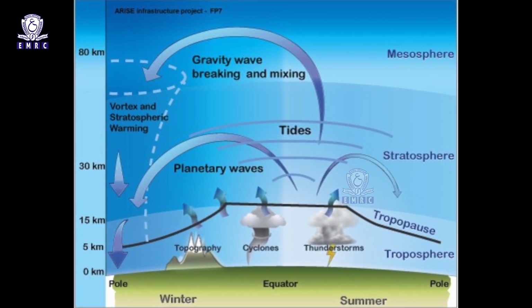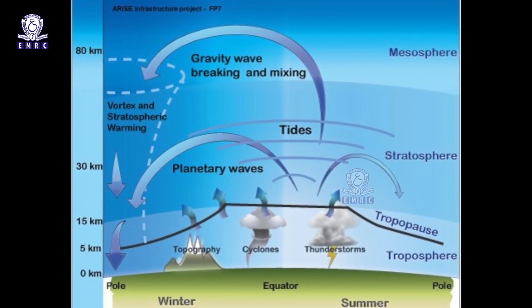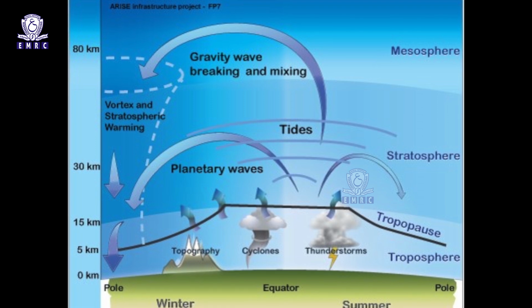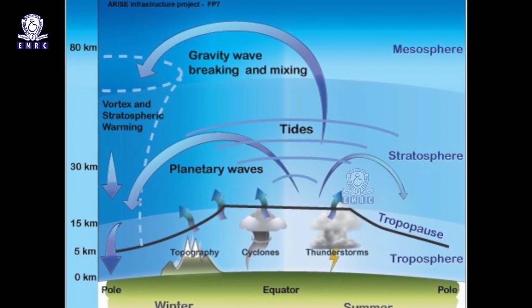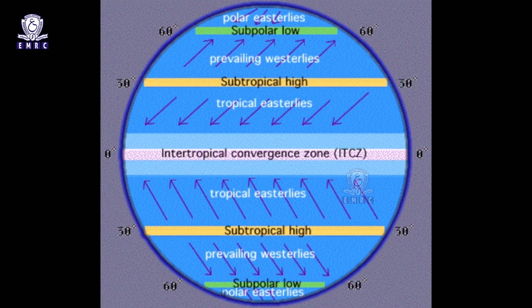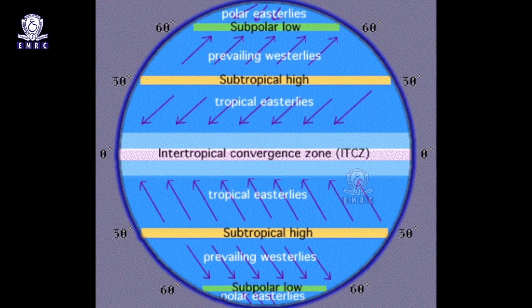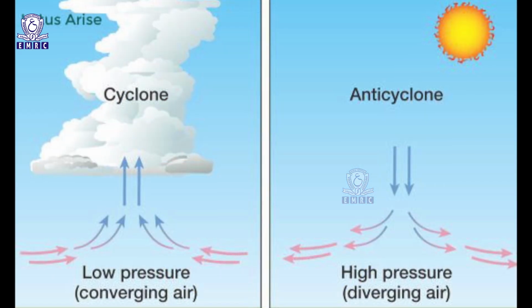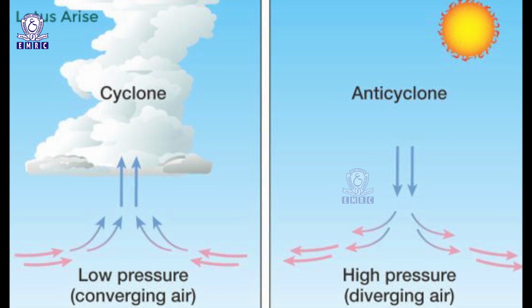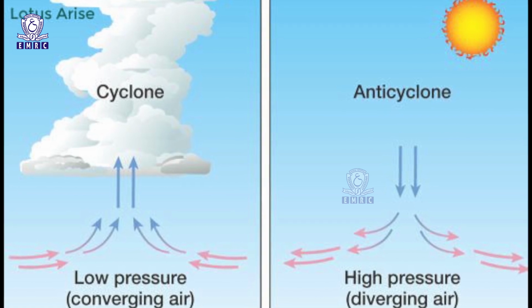As per the three-cell model of meridional circulation, there should be active meridional flow between the subtropical high pressure and the subpolar low pressure belts, but the real meridional circulation is weak and is interrupted by frequent high pressure anticyclones and low pressure cyclones. The general surface zonal circulation is from west to east, but there are a lot of variations in both directions and velocities.